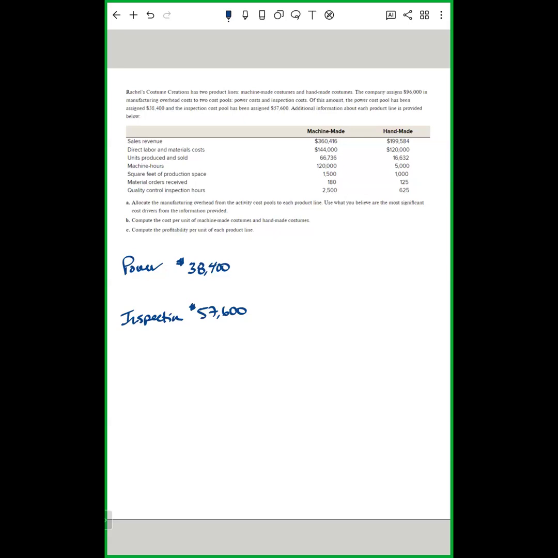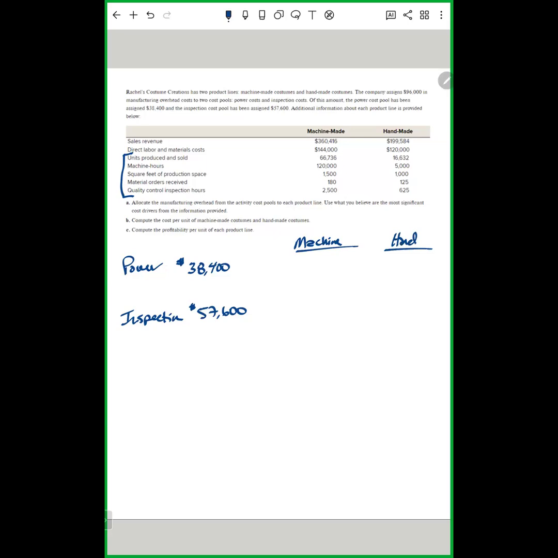All right, so for potential cost drivers, we have units produced and sold, machine hours, square feet, material orders received, and quality control inspections. So for power, which of these makes the most sense, if we're going to allocate power to these two categories of machine-made and handmade products?